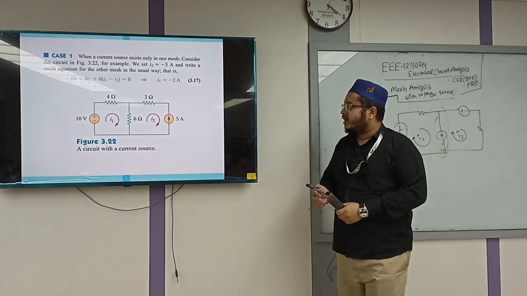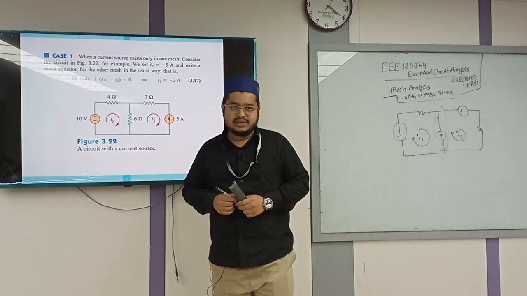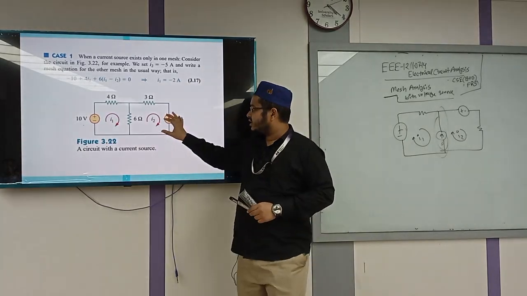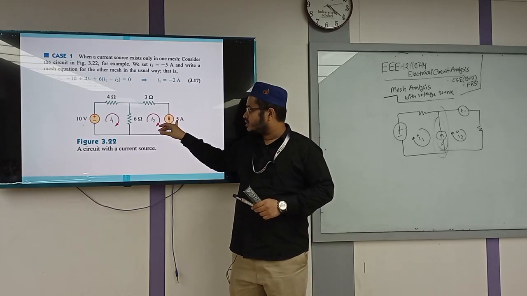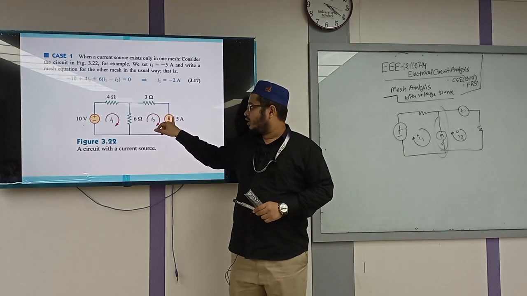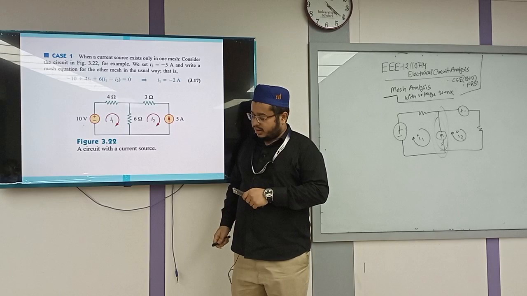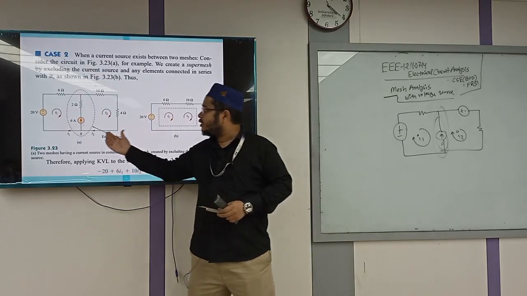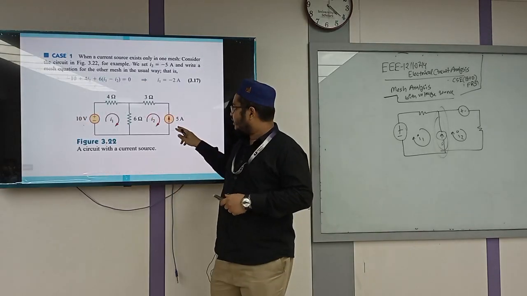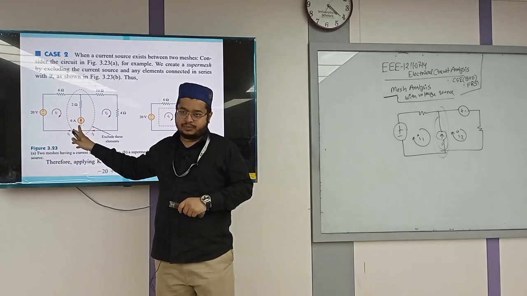So basically when a current source is connected to a circuit and you have to apply mesh analysis, you may find 2 scenarios. One scenario is the current source or current dependent source may be connected in only one mesh, or it may be connected between 2 meshes.